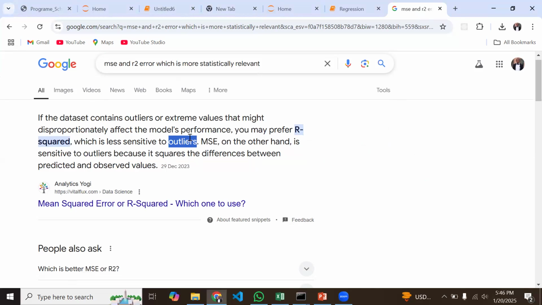So now let's go back to this. It says, what if there are outliers or extreme values? Because remember, if we are to plot our graph, and let's say these are the original data points that we have, let me have this a little bit bigger.